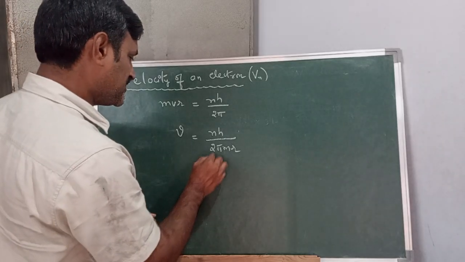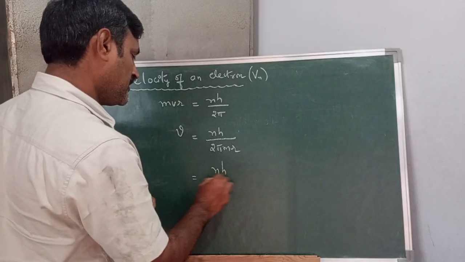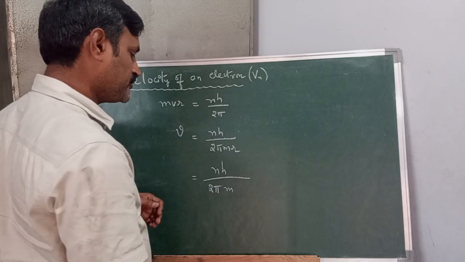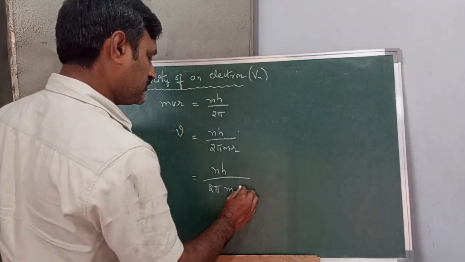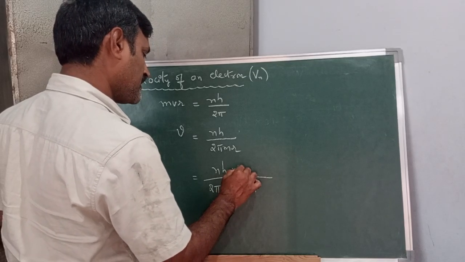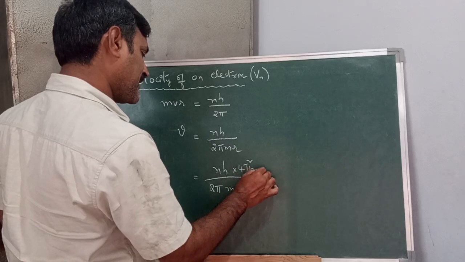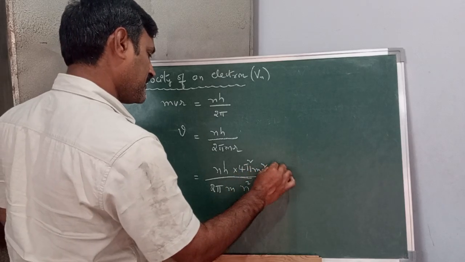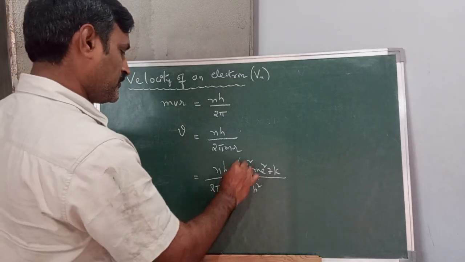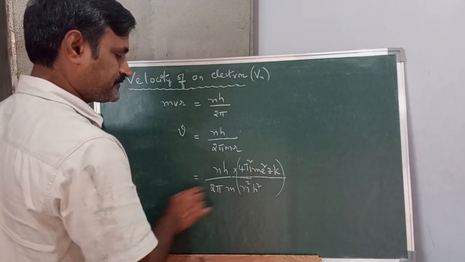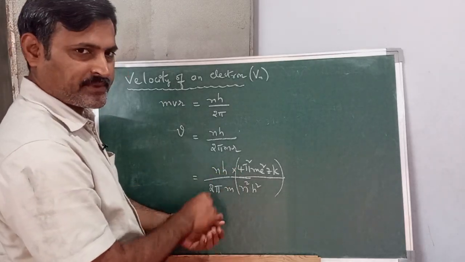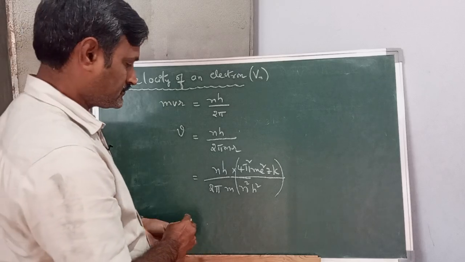Let us substitute this r value in this one. nh by 2 pi m into the r value we know, that is n square h square by 4 pi square m e square into z into k. So whatever we substituted here, this is the radius of the electron orbit in the Bohr atom.